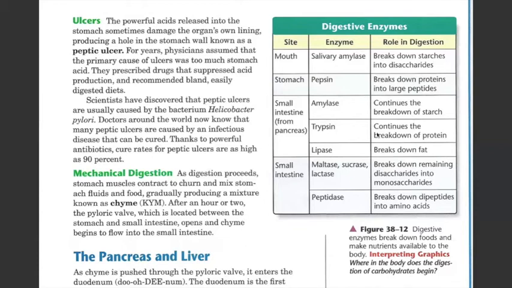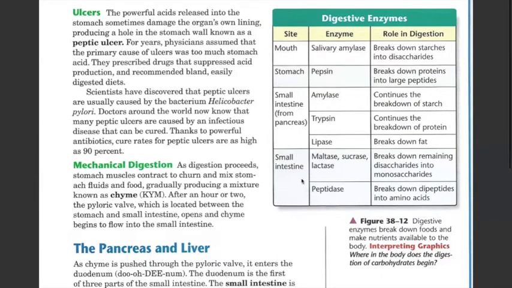All that is coming from liquids from the pancreas. We will get there. And then also in your small intestine, but not having to do with the pancreas, maltase, sucrase, and lactase break down remaining disaccharides into monosaccharides. Basically, it helps you break down certain sugars.